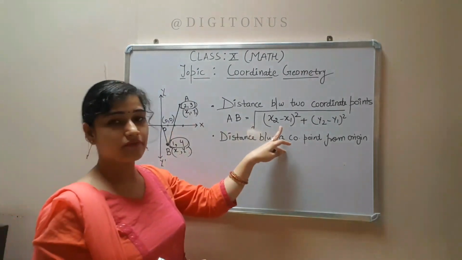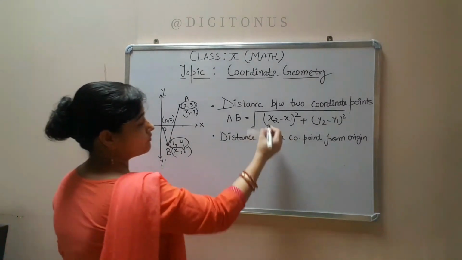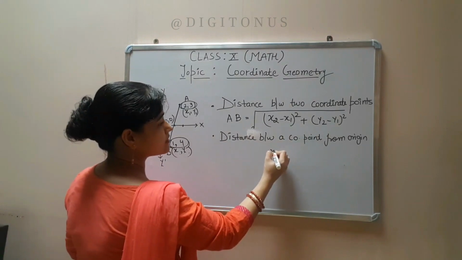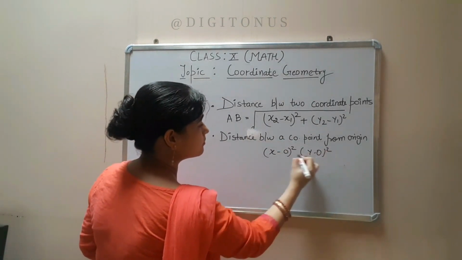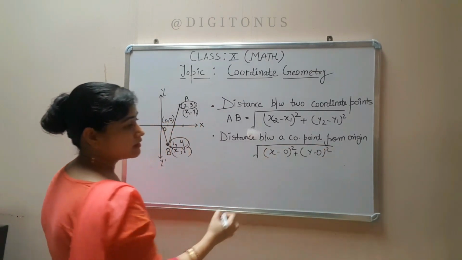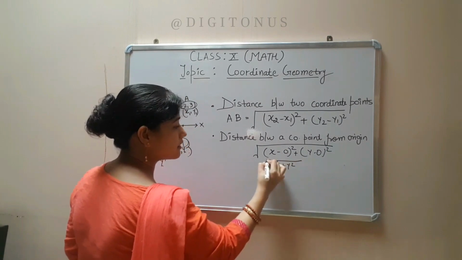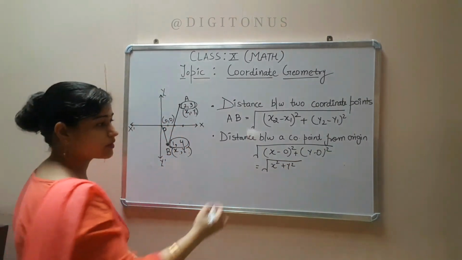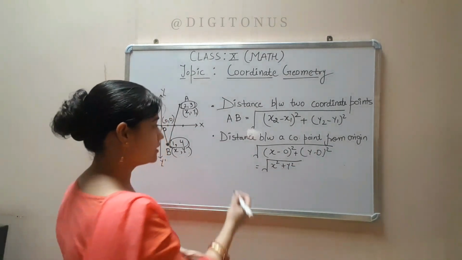But we will use the same formula because we are finding distance. So if I write here (x minus 0) whole square plus (y minus 0) whole square, under the root, it will be the square root of x square plus y square. Yes or not? Because x minus 0 will be x only and y minus 0 will be y only.